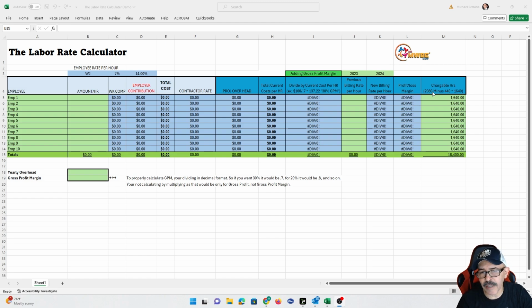Then there's the holidays, then there's training days, then there's sick days. There's all these hours that you still have to pay for that are non-productive. So in order to properly calculate that, that average will be about 440 hours per year, right? And that covers pretty much everything.